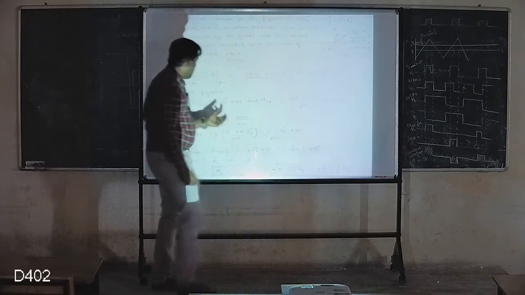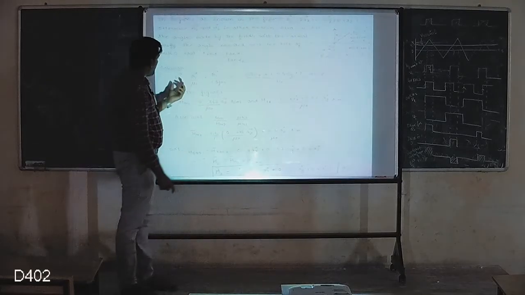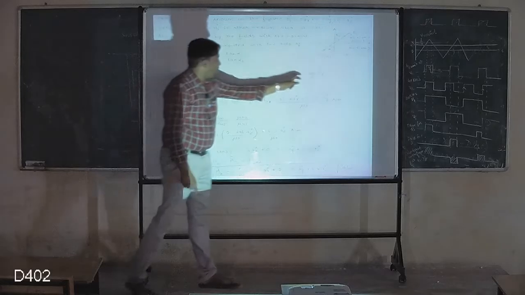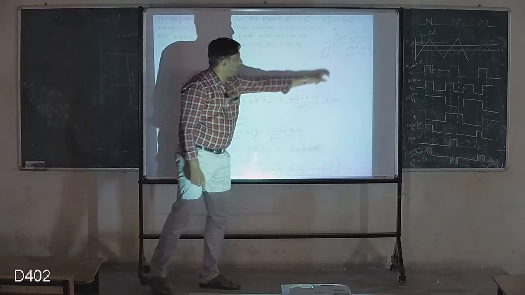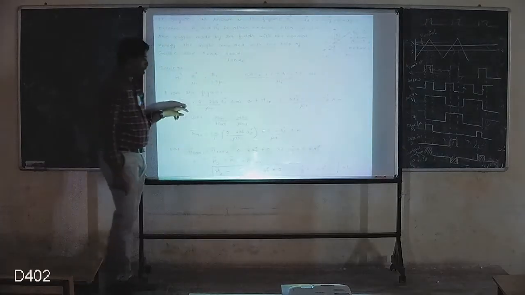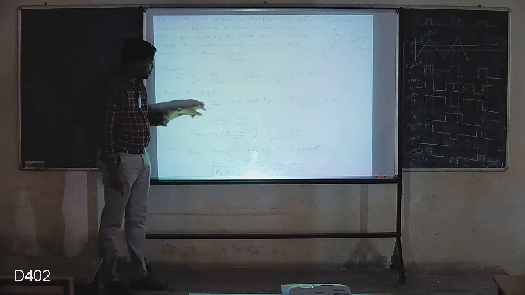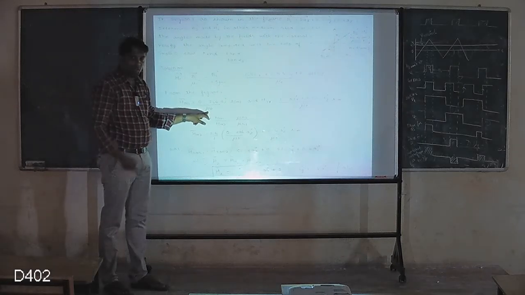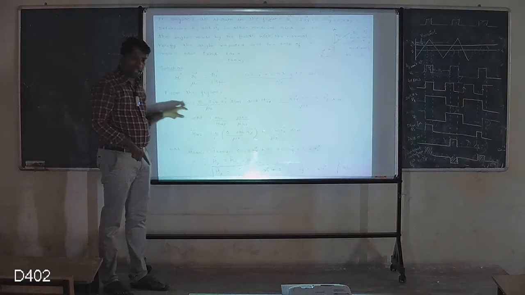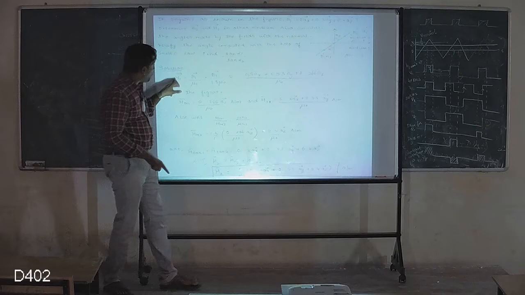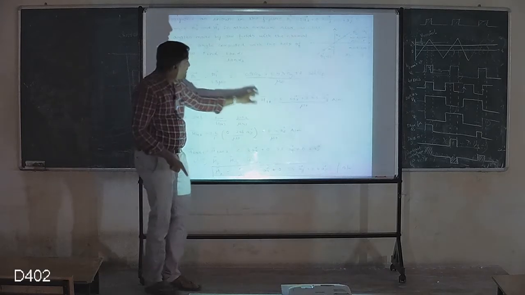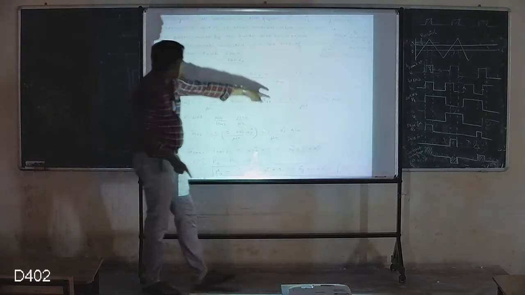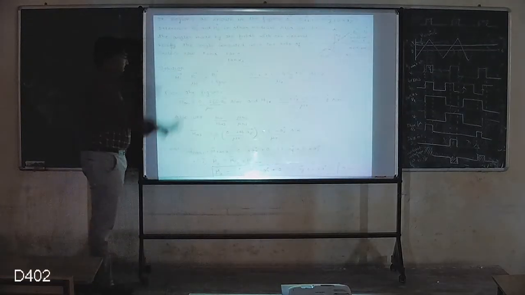Therefore from the given data, the value of H1 will contribute a normal component, so HN1 is equal to this value. If H1 is known and HN1 is known, from H1 I can find HT1. The remaining component is nothing but HT1. So HT1 is written there.